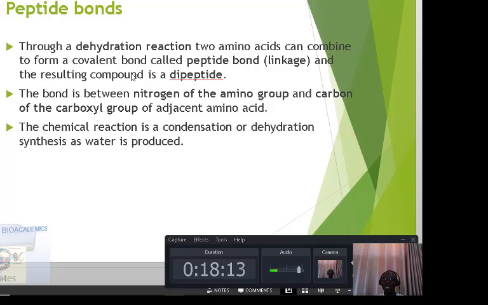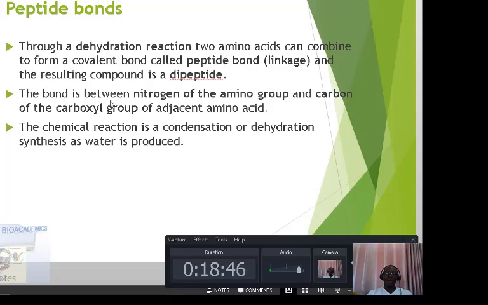And so dehydration is the chemical process by which you join things accompanied by the removal of water. So whenever there is a dehydration synthesis taking place, there is always the loss of a water molecule involved. And so in this process where a peptide bond is formed, what we are referring to as a dehydration reaction, it is accompanied by a loss of a water molecule.